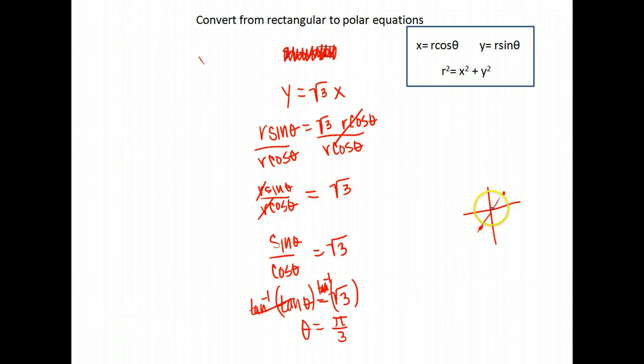But notice again, on a polar graph, since my radius can take me here and here, theta being equal to pi over 3 would actually give me the same answer as theta being equal to this, the angle down here in the third quadrant. So I can just write my one answer, theta equals pi over 3. Again, the reason for that is, remember, we repeat values. The only thing that changes is if your r is positive or negative.